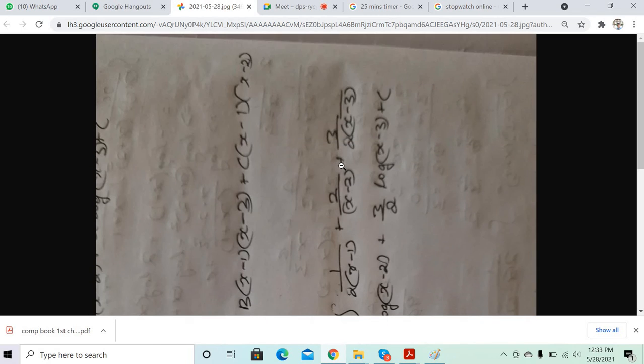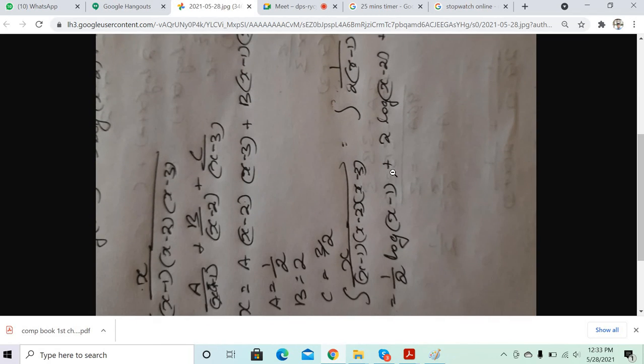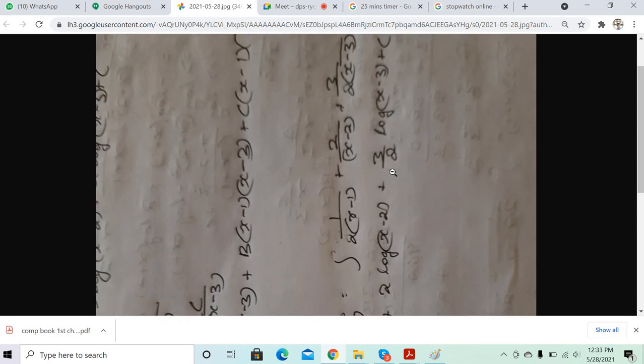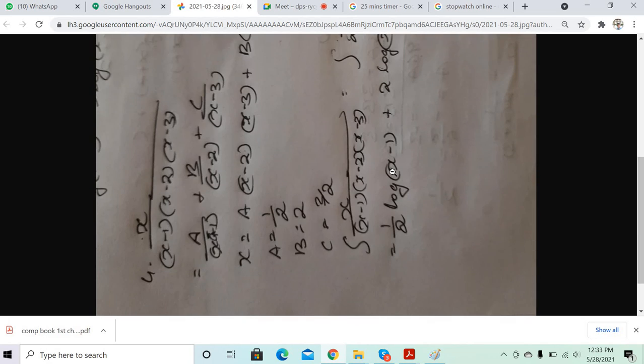So this part you are doing here, 2x minus 1 by 2, you got it right here. So how did you get A is equal to 1 by 2, B is equal to 2 and C is equal to 3 by 2? At x is equal to 1, how did you get A is 1 by 2?